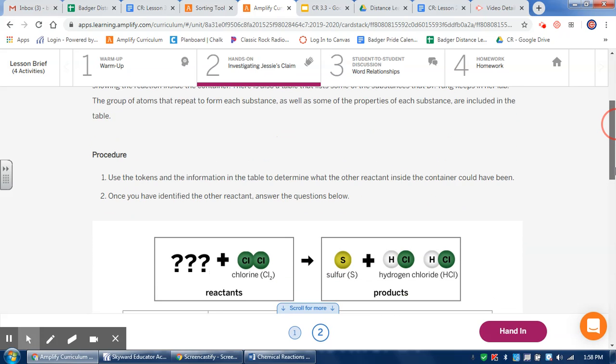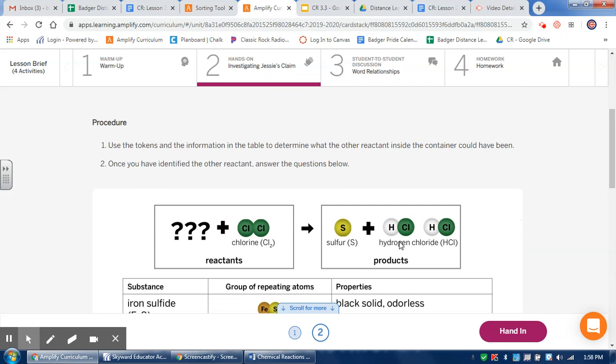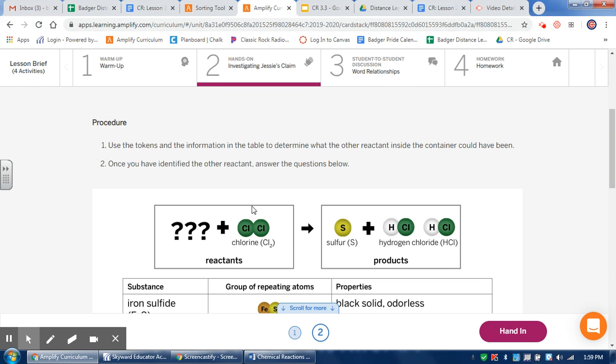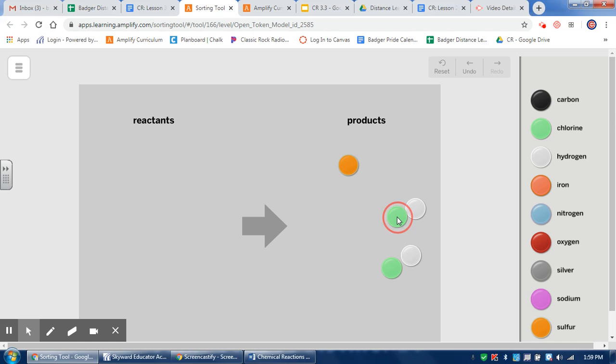So we're going to use those tokens again to do kind of what we just did. I maybe shouldn't have gotten rid of all the things I did, but that's okay. Okay, we had sulfur, we had hydrogen chloride, and I'm basically rebuilding what we just did. We know we started with chlorine, so I'm kind of working backwards.